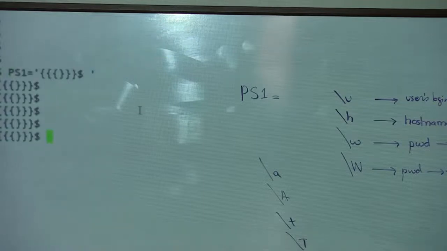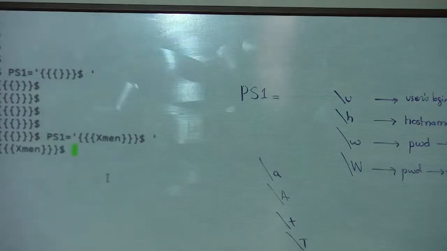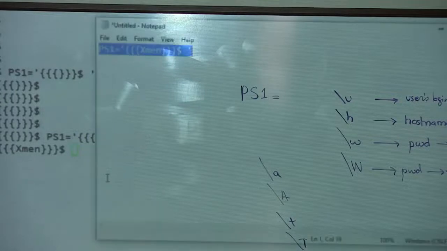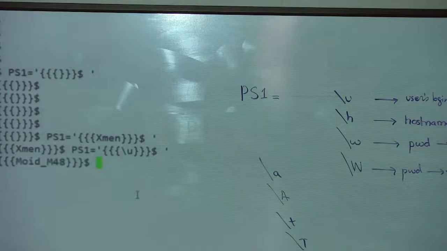There you go. So my prompt setting is changed to this. But now I'm going to add in here X-Men, right? If I try that, I have this one. So what that means is I can start adding more stuff in here. So here I will type in, hey, at this point, why not use the U to give me the display name? There you go.